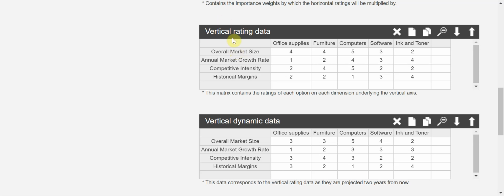So the same managers can evaluate the attractiveness of the industries of the 5 business units. So this is not about the units themselves, right? It is about the industries of the units, okay?